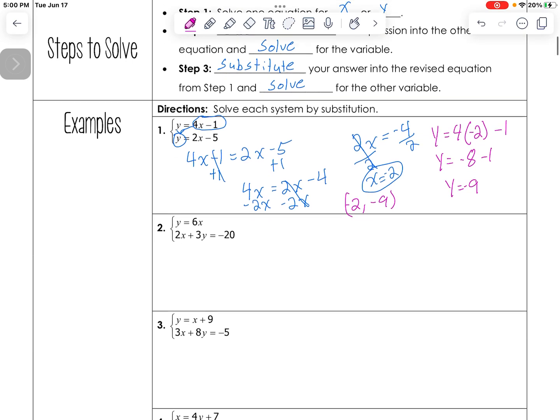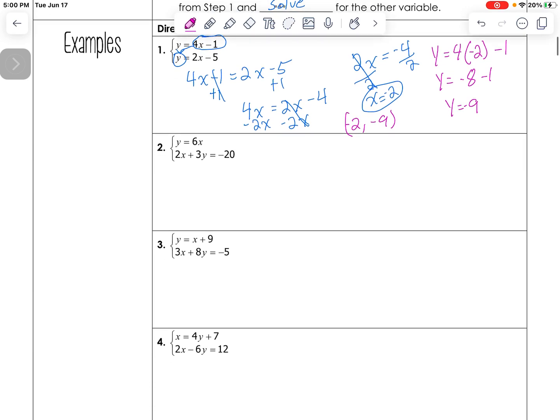All right, let's look at the next one. What is step 1? All right, but is 1 already solved for y? Good. So we're going to plug the 6x in for y in the second equation. So 2x plus 3, and in place of y, what are we going to put? 6x.